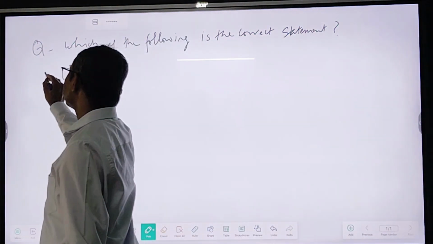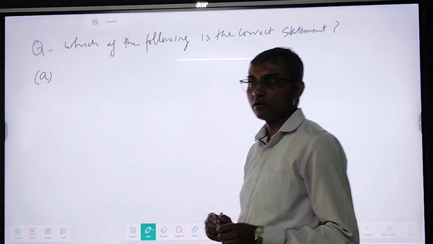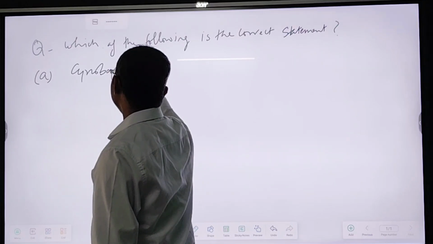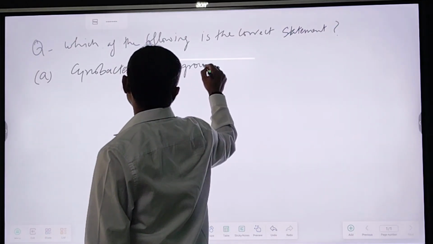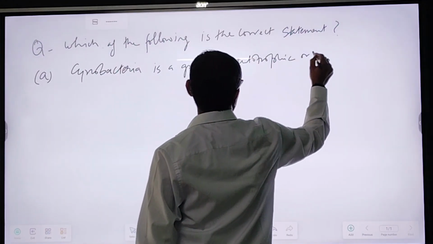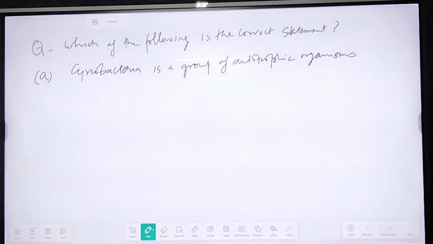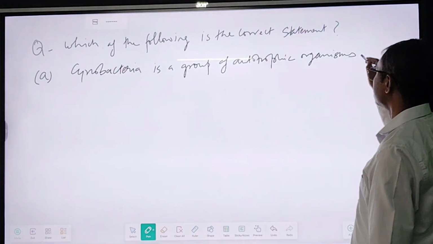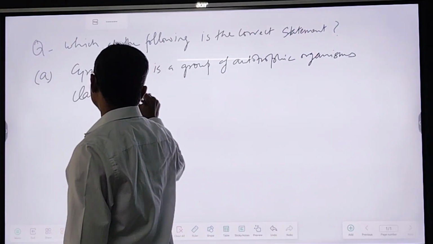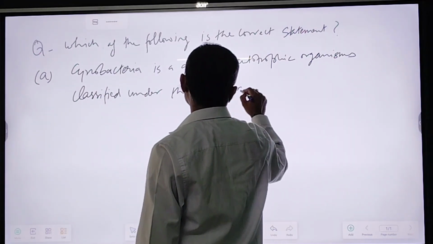The first statement says cyanobacteria are a group of autotrophic organisms classified under the kingdom Monera.